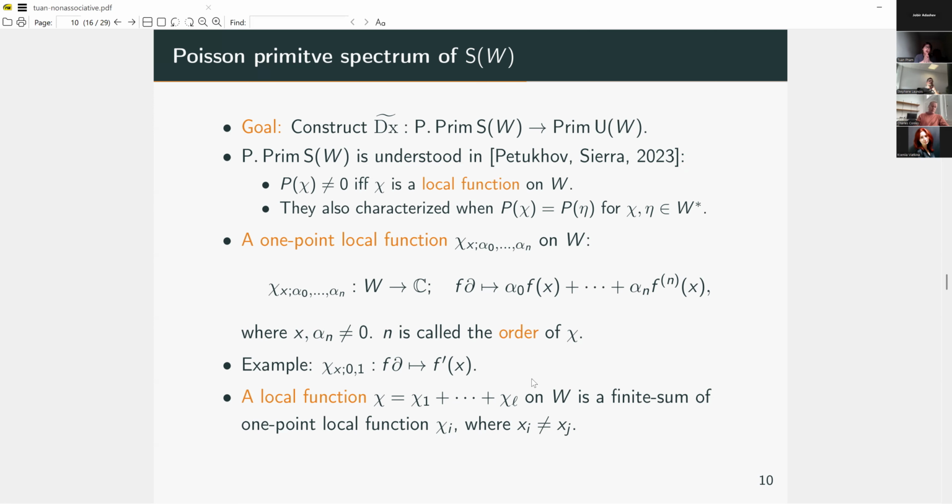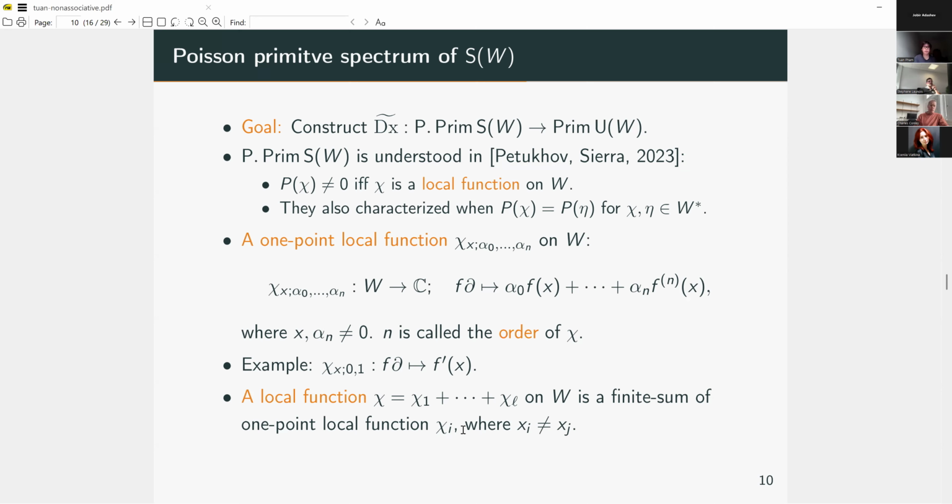And in general, a local function is just a finite sum of one-point local functions chi_i, where I'm assuming that the base points x_i and x_j are different. Okay. Any question for this part?